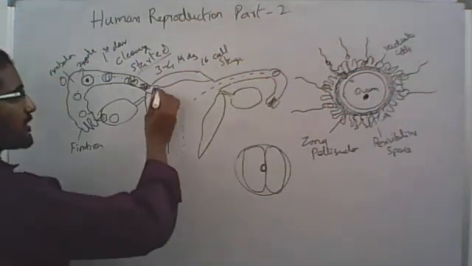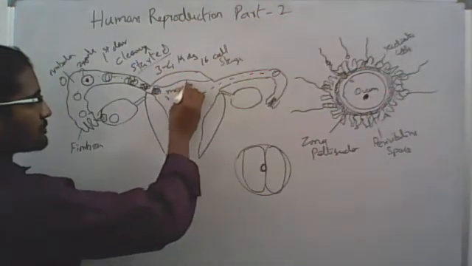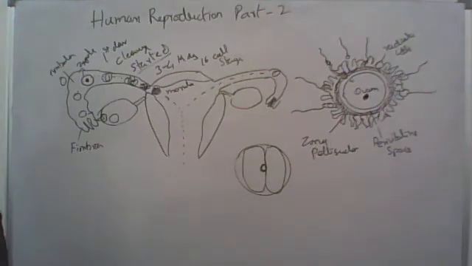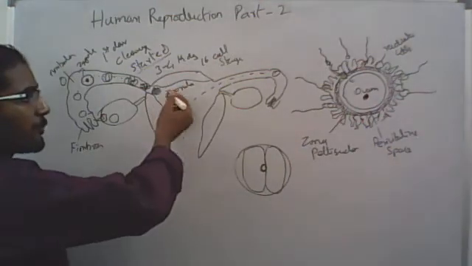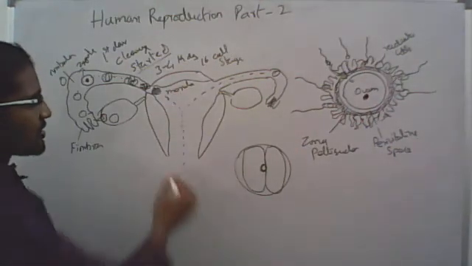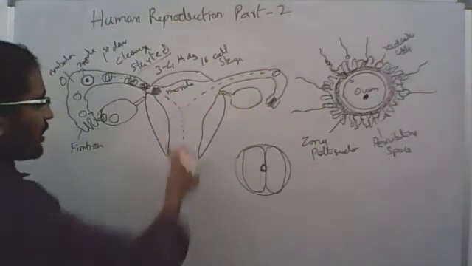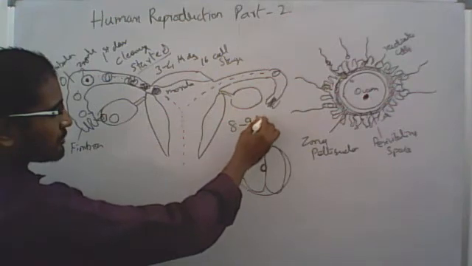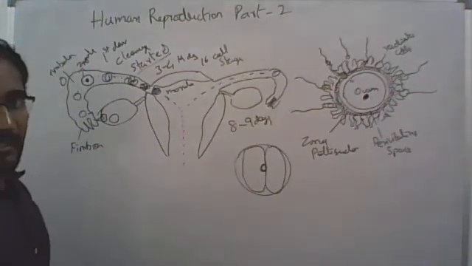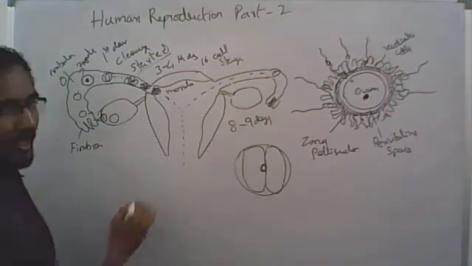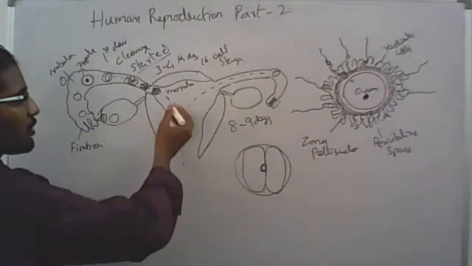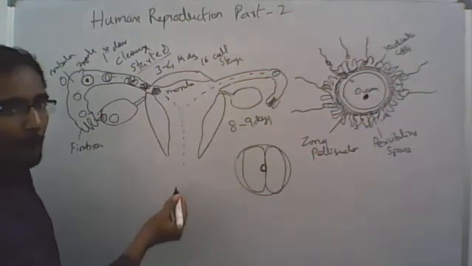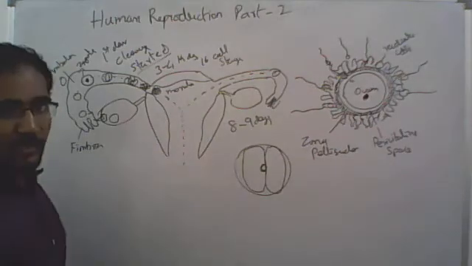This we call a morula. Then the embryo keeps on dividing, and after approximately 8 to 9 days, the morula forms a blastocyst.